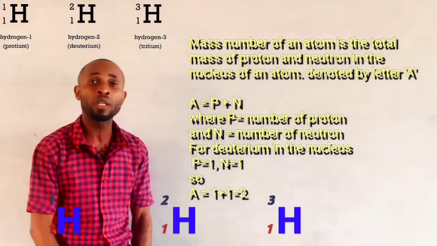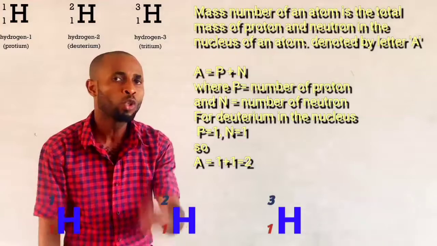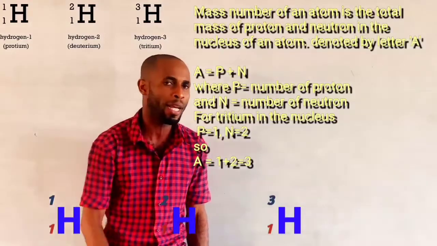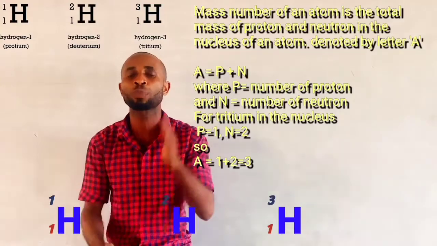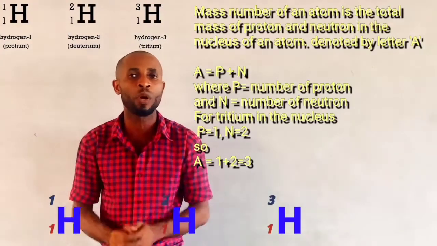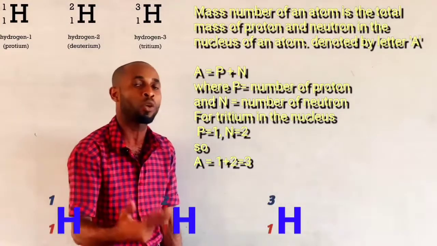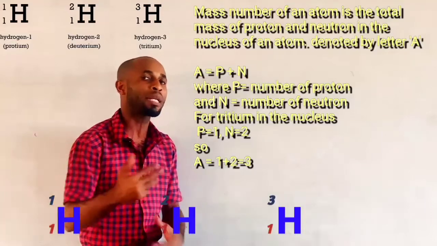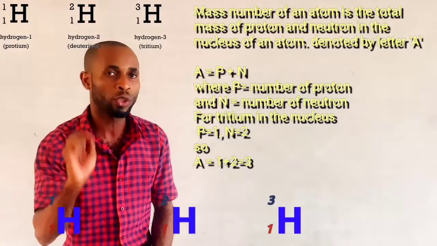Now we have the last one, tritium. Tritium has 1 proton, 2 neutrons and 1 electron. Since we are working with mass number, we have 1 plus 2 to give us 3. That is why it is called tritium. Tritium means that the mass number is 3, and to get the mass number we add the proton and the neutron together.